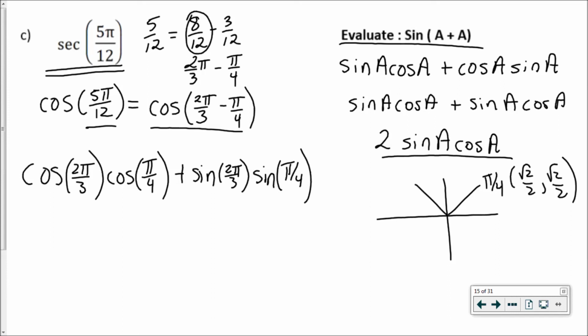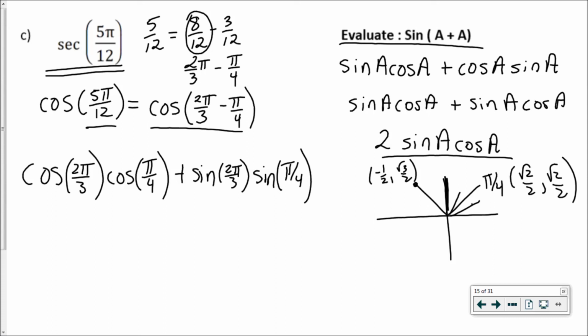That's like 4/6, right? So I count out 1/6, 2/6, 3/6 is my 90-degree out, and I'm over here for 4/6, or 2 pi over 3. And the coordinates for this guy are -1/2 and root 3 over 2. So I'm going to sub those in over here.